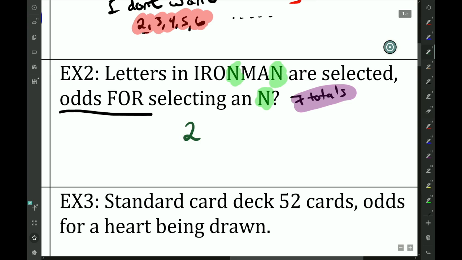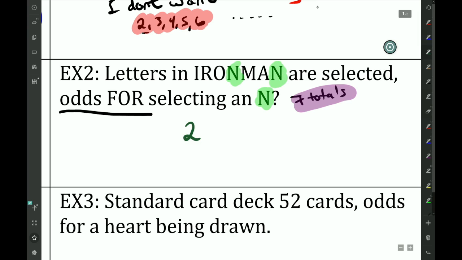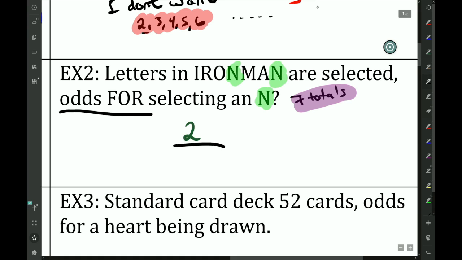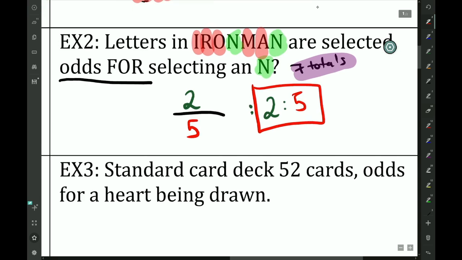I feel like Wheel of Fortune. Well, how many other letters are in the word then? We have 1, 2, 3, 4, 5 others, meaning our odds for getting that N would be 2 to 5.